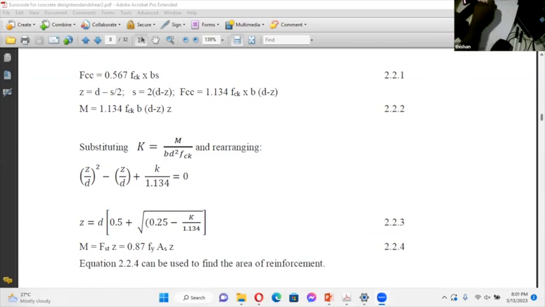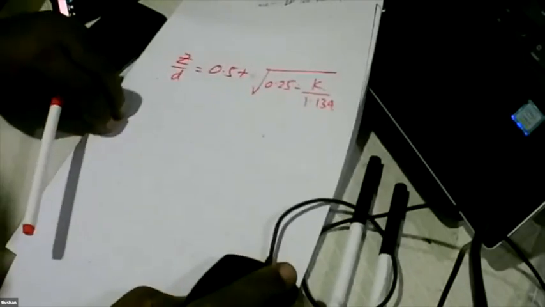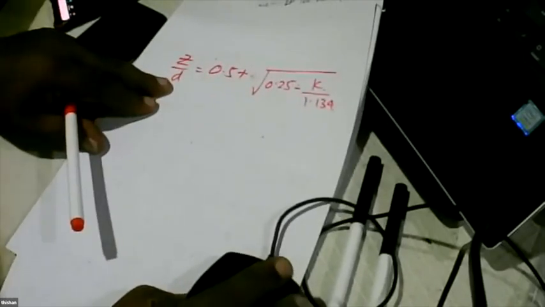So the equation is Z over D equals 0.5 plus square root of 0.25 minus K over 1.134. And if I stop sharing, you can see the equation. It's here.